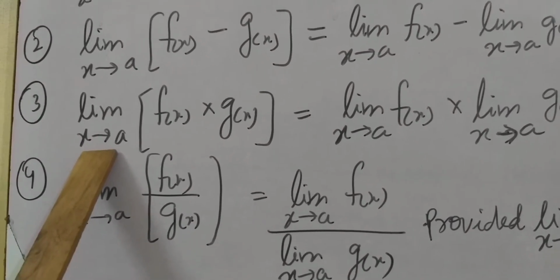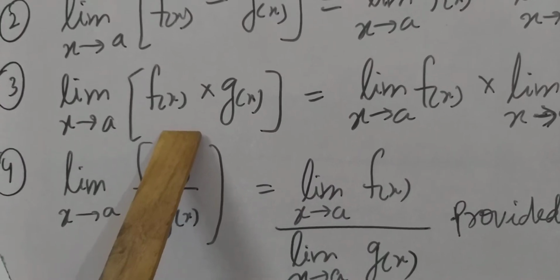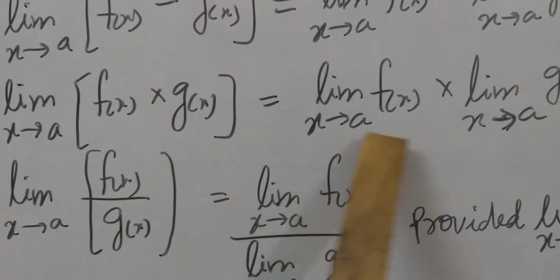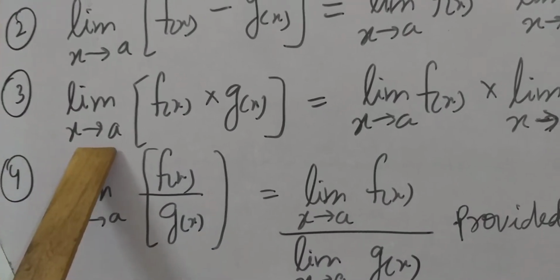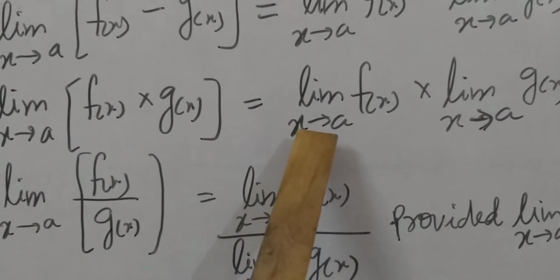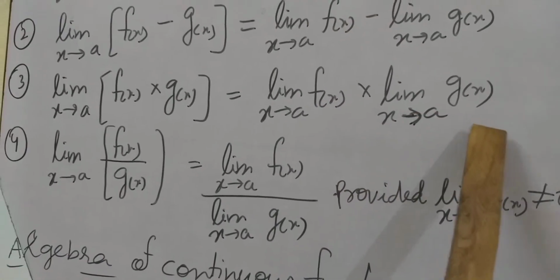If two functions are given in the form of multiplication, we can write them separately with limits: limit x tends to a, f(x) into g(x) equals limit x tends to a f(x) into limit x tends to a g(x).